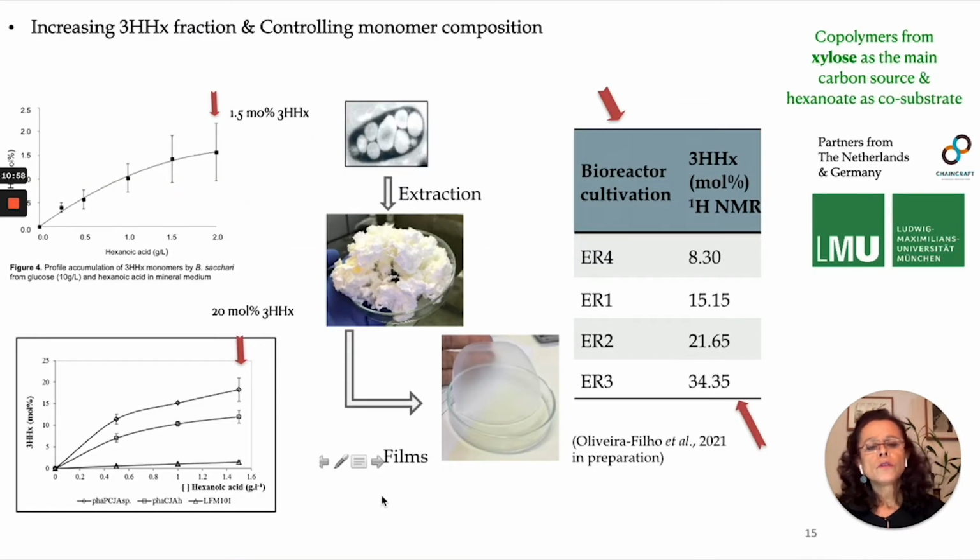Also, to have a wide range and to control monomer composition, only by varying and applying specific bioreactor cultivation strategies, we could obtain a wide range of copolymers where the C6 fraction increased from 8 to 34%. And these materials are currently being evaluated as drug delivery systems for anti-tumor drugs. And interestingly, the cultivation was based uniquely on xylose and hexanoate as co-substrates.